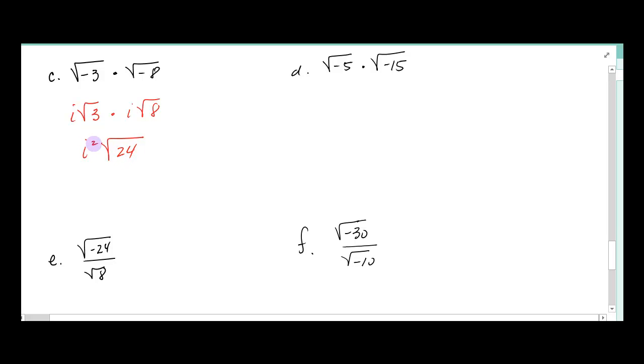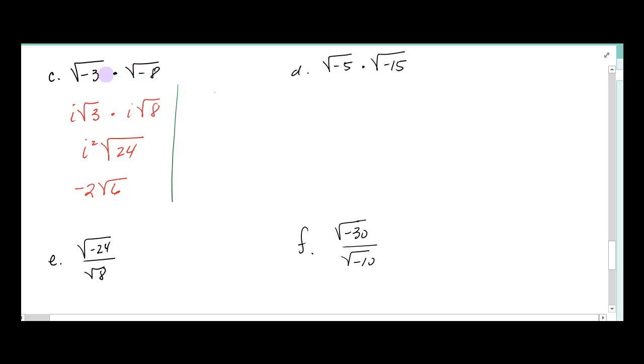But i squared is negative 1, and the square root of 24 should be 2 times the square root of 6. So 2 times 2 is 4, times 6 would give me 24. Now this is the actual solution that you're going to get. I have a lot of students who may fall for the trap that I want to go ahead and multiply these two numbers together first.